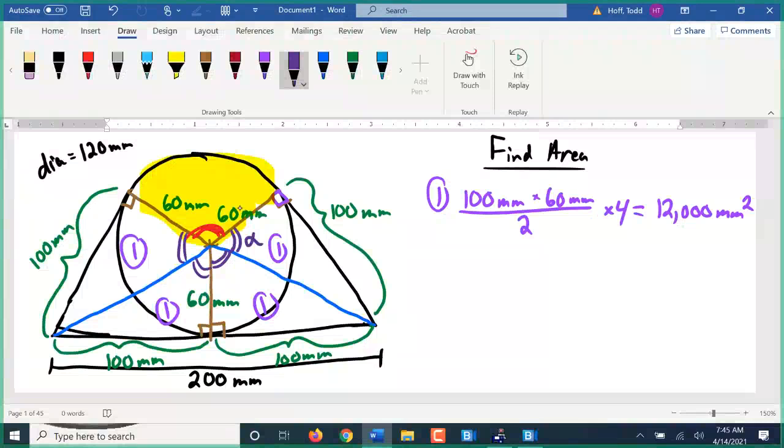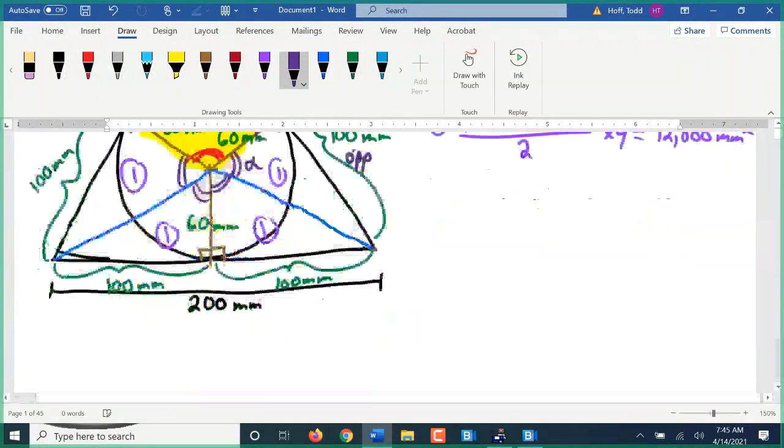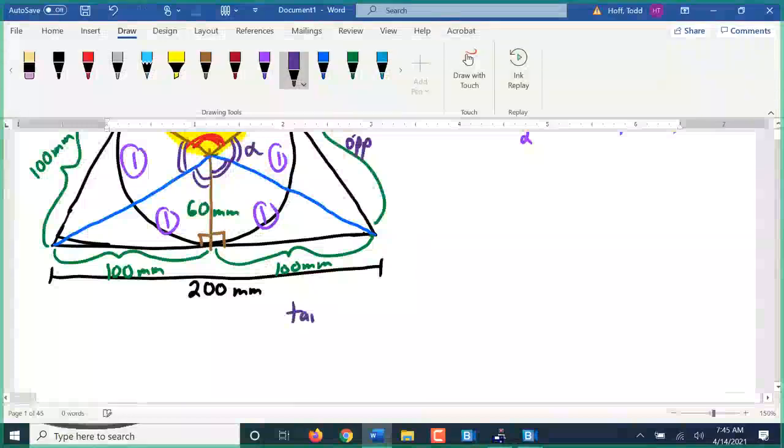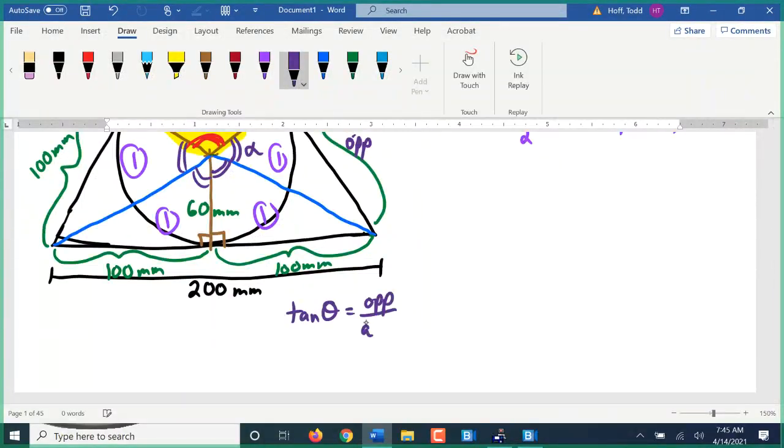I have a 60 millimeter side, which would be what side for alpha? The 100 millimeter side would be the opposite side. So that's going to be a tangent. Tangent of an angle is the opposite side over the adjacent side. Don't know the angle, so we'll put alpha in there for the angle.